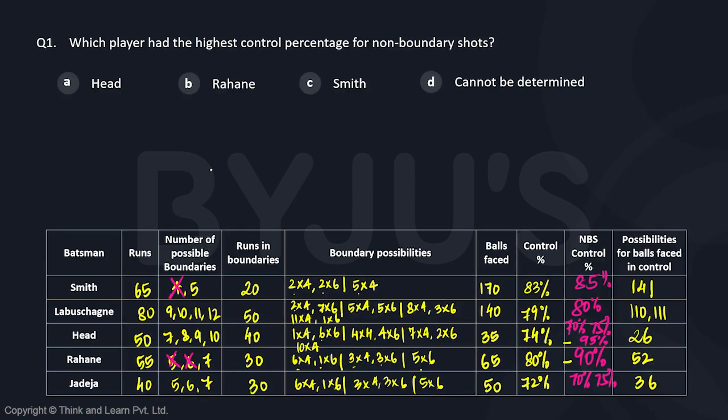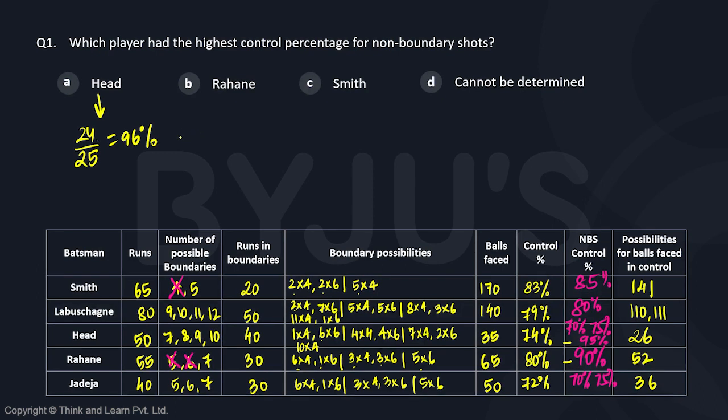Now, if we look at Head, 95% control, if it is going to be there. If you remember from the previous table, it's going to be 24 by 25, which is 96%. This is the least possible number of balls faced in control upon total balls faced for NBS. So this is one fraction that we have.